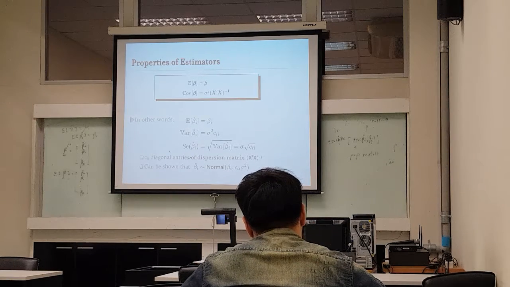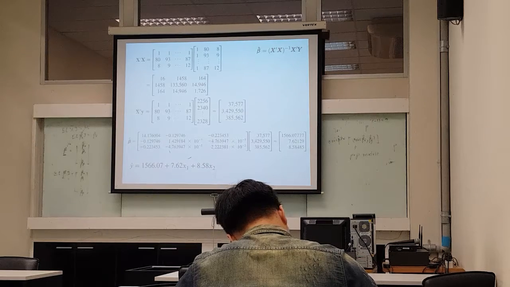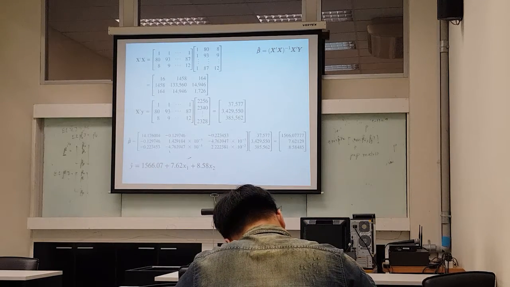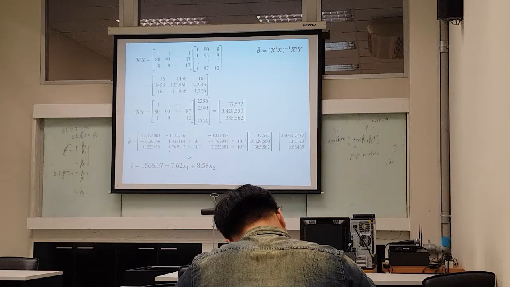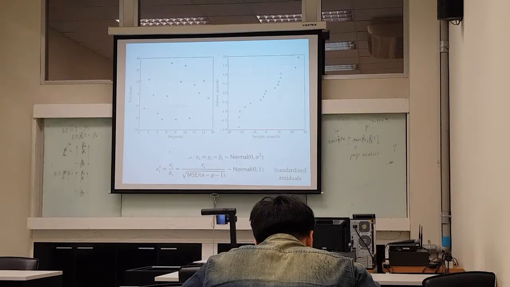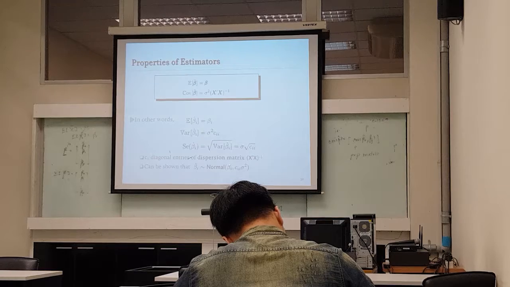This matrix is X transpose X inverse. The diagonal elements are C00, C11, and C22, because this one is the inverse of X transpose X. So beta i hat, this estimator, this coefficient, has a normal distribution with mean beta i, the actual coefficient which is unknown, and variance C_ii times sigma squared.